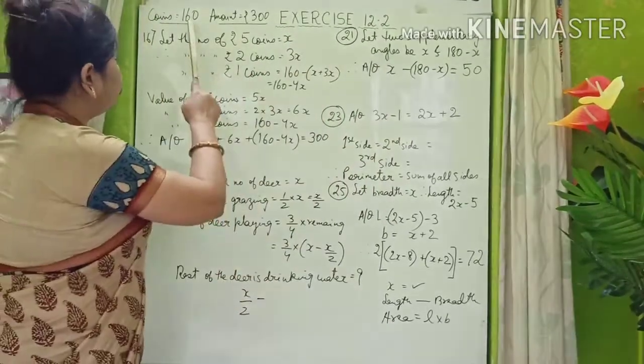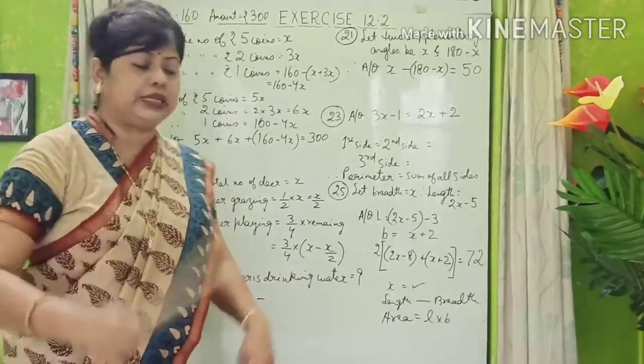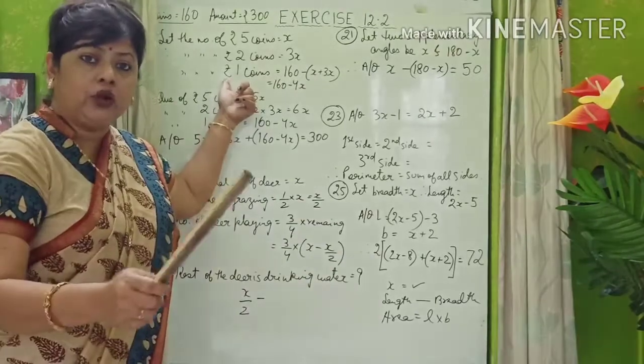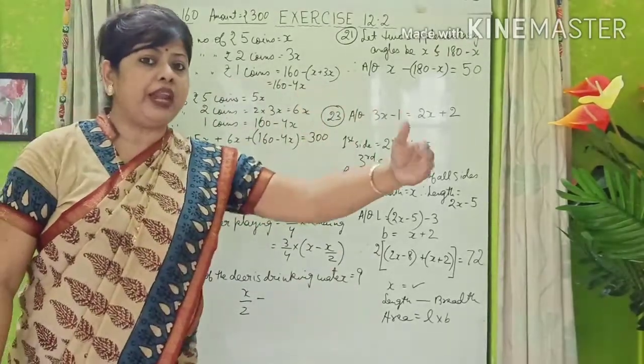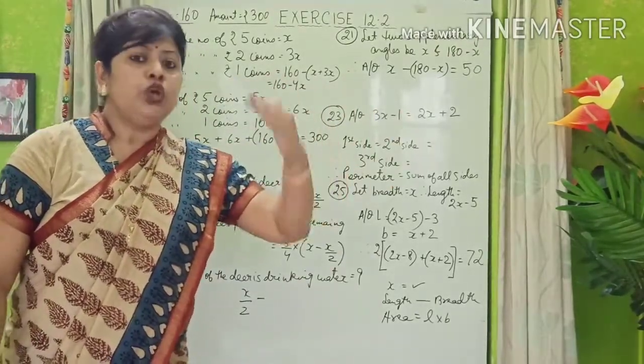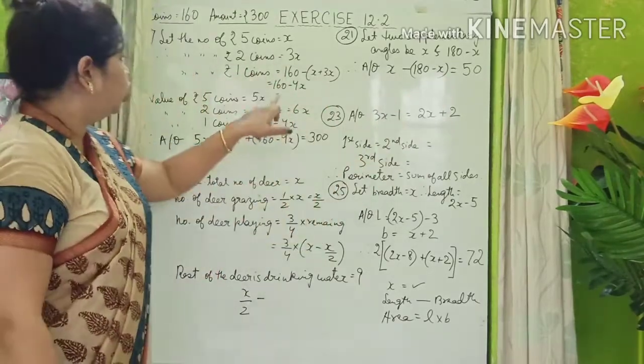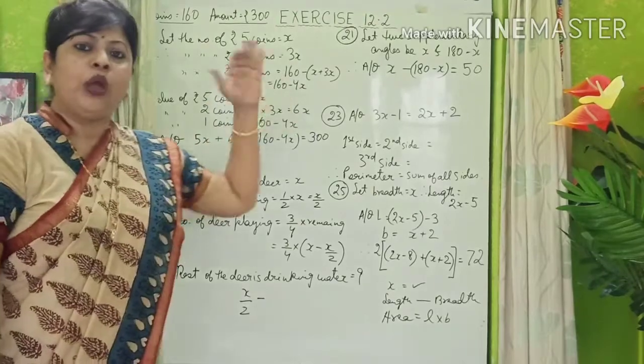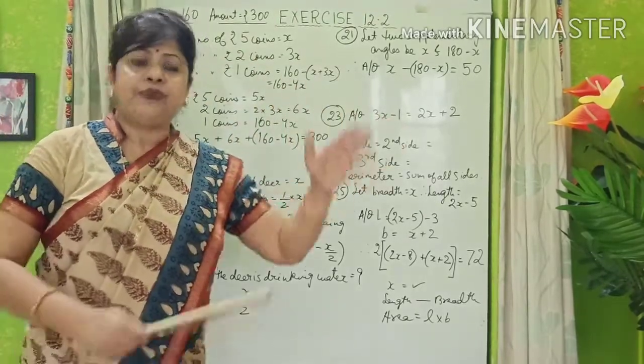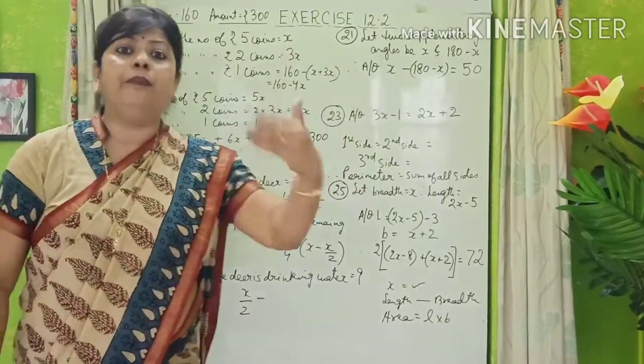You have to be careful, total number of coins is 160. So how many rupees 1 coins remaining? What is remaining from total 160? You have to subtract the rupees 2 coins and rupees 5 coins. So rupees 1 coins will be 160 minus 4x. This is all about the number of coins.